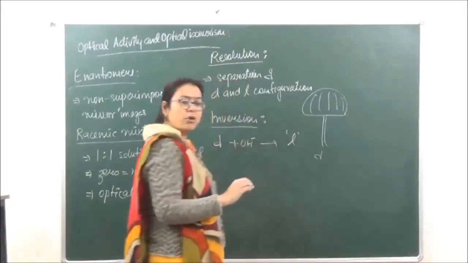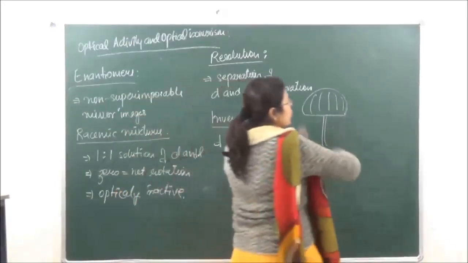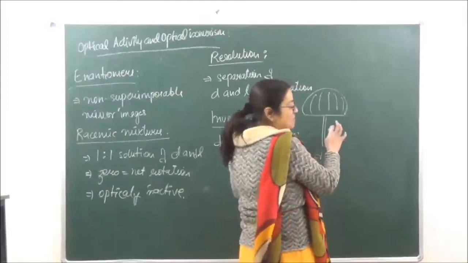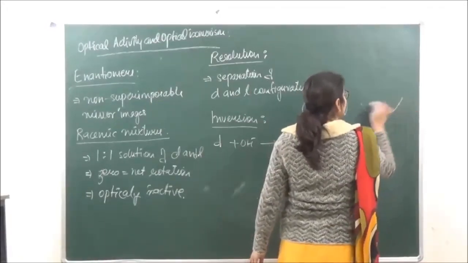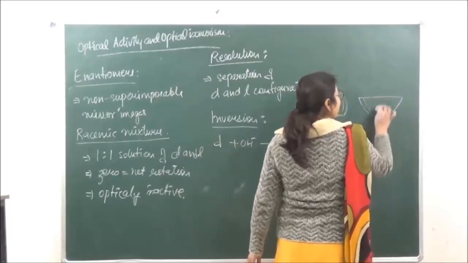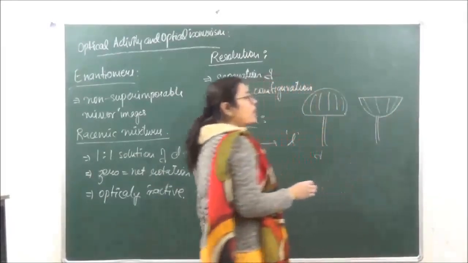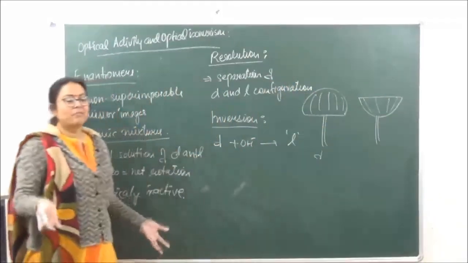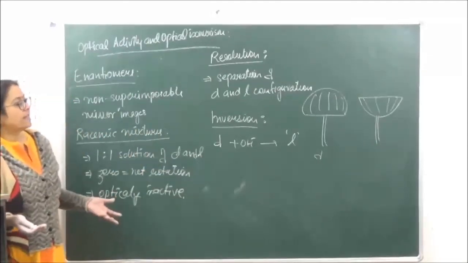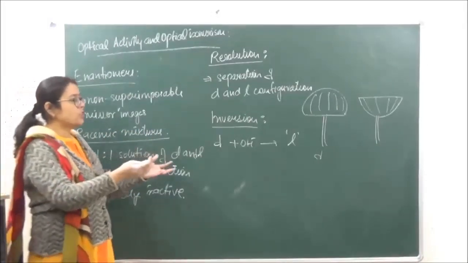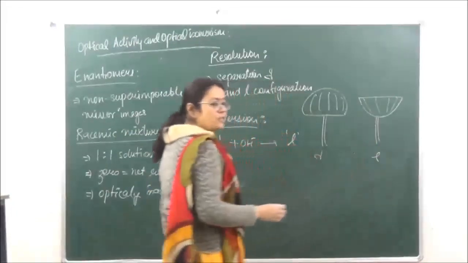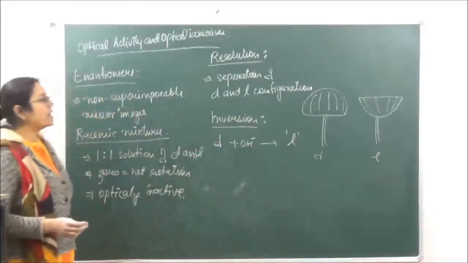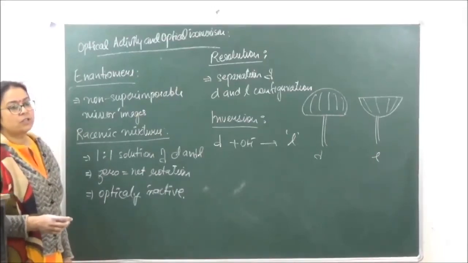Once the reaction takes place, it is going to get inverted, like an umbrella with the help of, say, wind. Okay, so this inversion of configuration, ये D से हमने start किया था. After the reaction we are getting L. This is known as inversion of configuration.